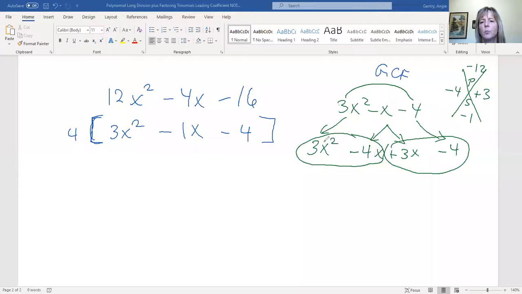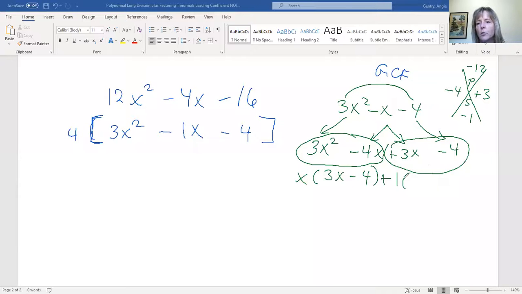So in the first group, I see they have an x in common, really nothing else. So x times 3x is 3x squared. X times negative 4 is negative 4x, plus. Now, do you see how there is nothing here? If there's nothing here, you probably would have put the 3 close to the 4. I'm tired, so I didn't see that. But I'm going to actually do both. If there's nothing here, maybe you could pull a 1.